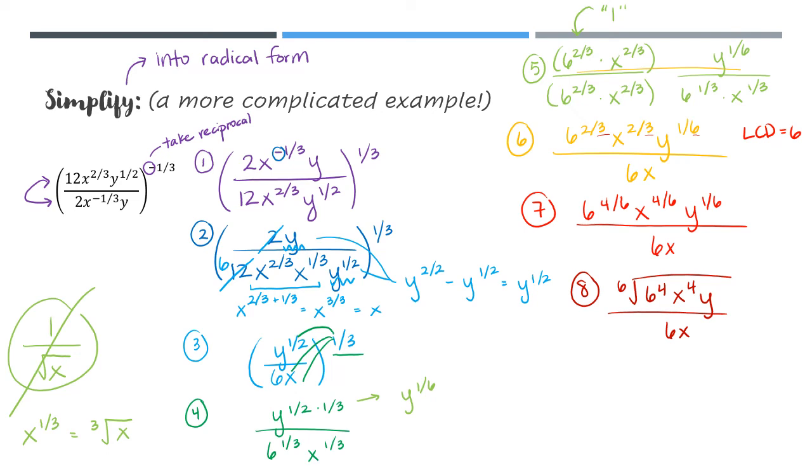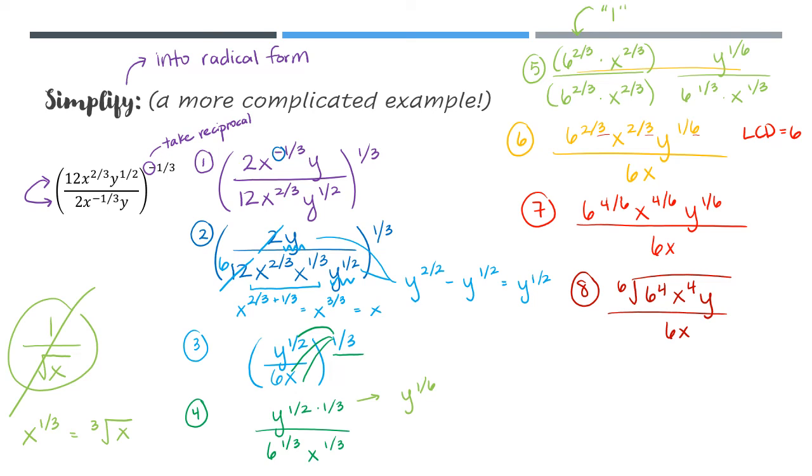Okay, so I would say honestly, we could leave this here. We're good. 6 to the 4th isn't technically simplified. I kind of want to actually figure out what that number is. But unless you have a calculator, I would say just leave that where it is. If you do have a calculator, let's actually determine what is 6 times 6 times 6 times 6.